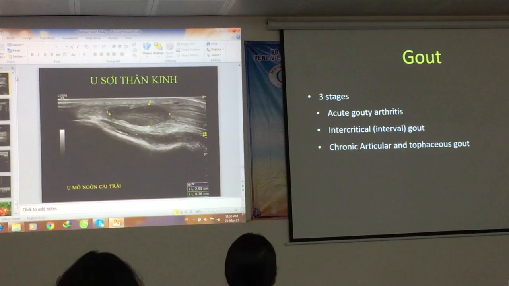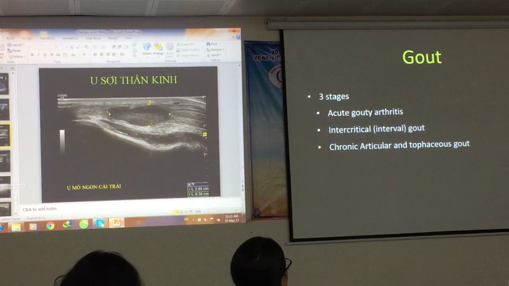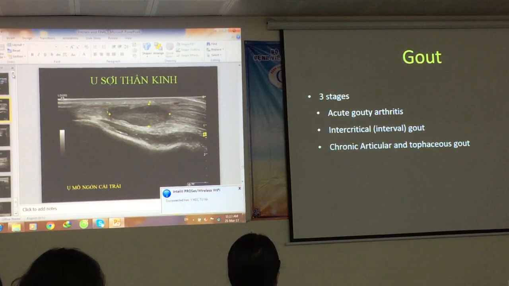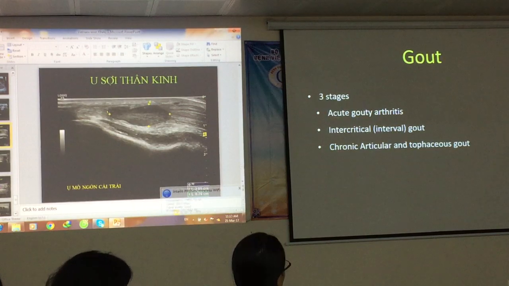So another common finding that we see in the wrist is gout, but we don't see as much gout in Australia as what I believe there is in Vietnam. So there's 3 stages to gout.